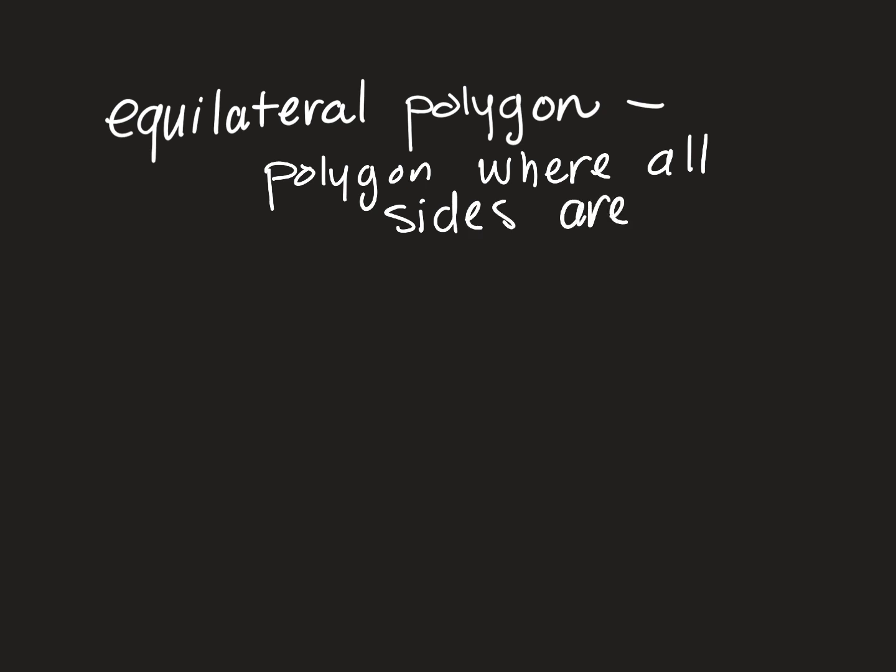I'm going to say the sides are congruent, because remember, congruent means that they have equal lengths. All right, so that's an equilateral polygon.